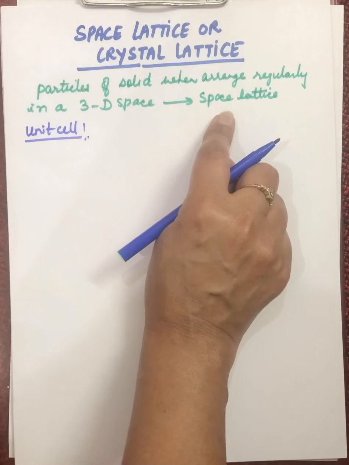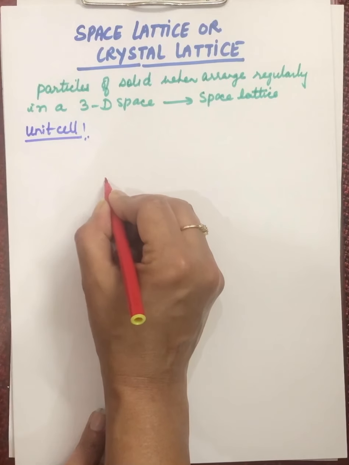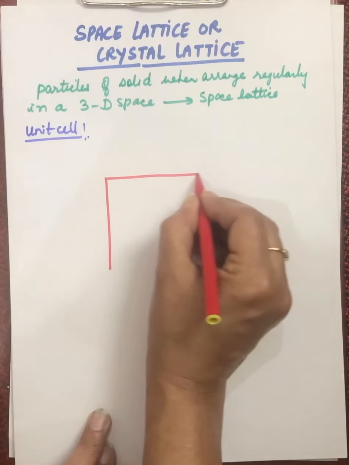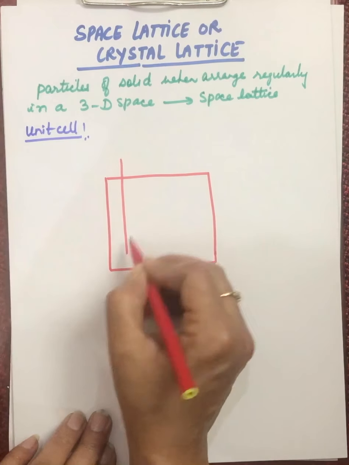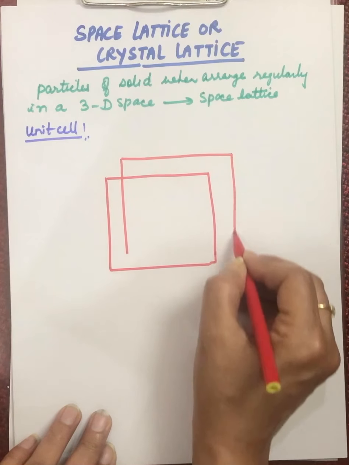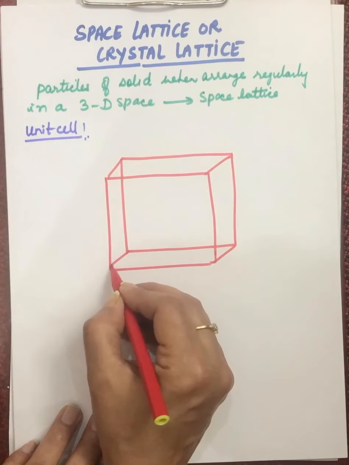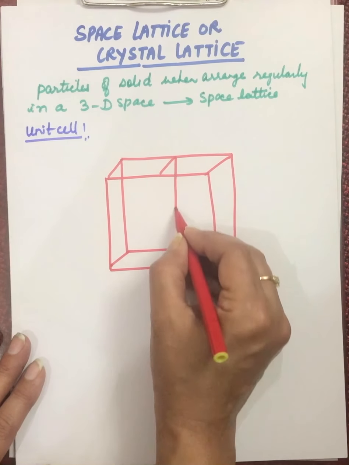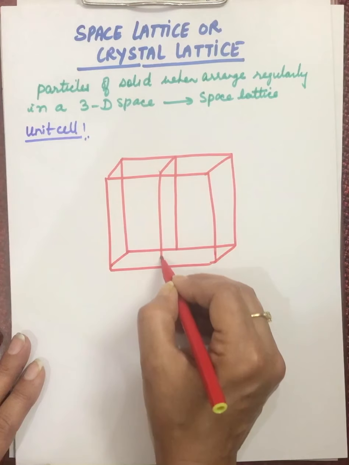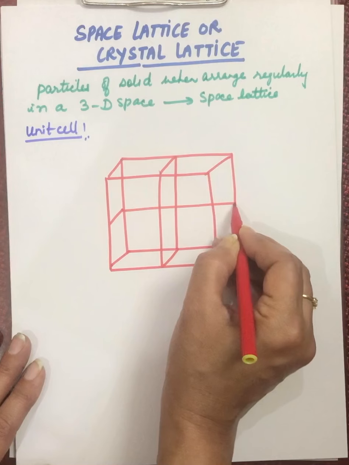Now to understand the space lattice and unit cell, I am taking up this structure. Just understand the structure very carefully. We are taking a big box. It's like a cube. And then further we are dividing it. So there's one partition we are taking vertically here, one partition we are taking horizontally here.